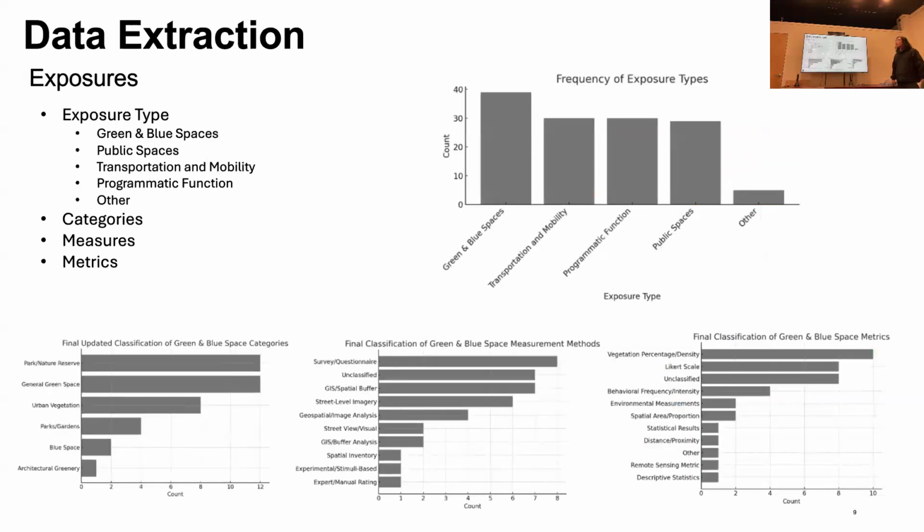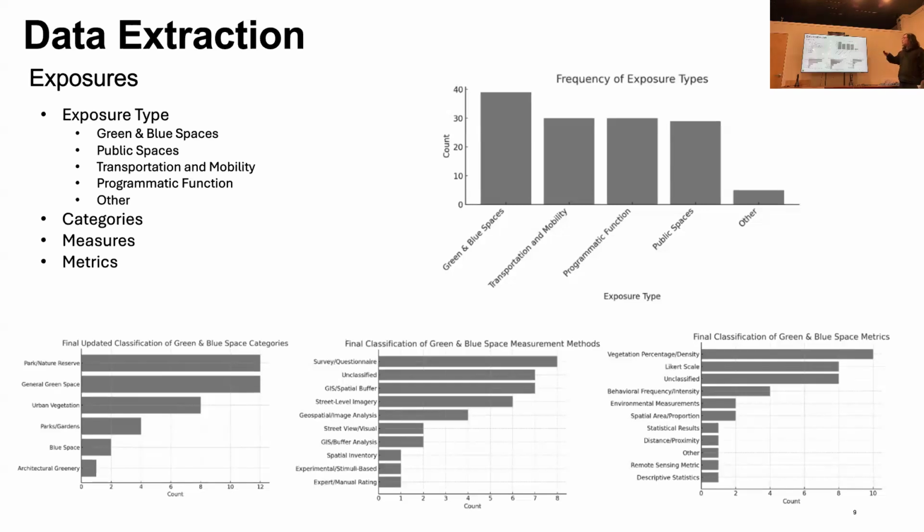The second part is where we extract the exposure, the urban built environment, among these papers. We divided it into mainly four categories: green and blue spaces, public spaces, transportation and mobility, and programmatic function. For each category, we extract their measures and metrics.